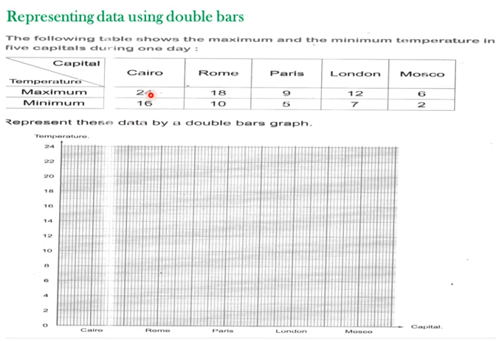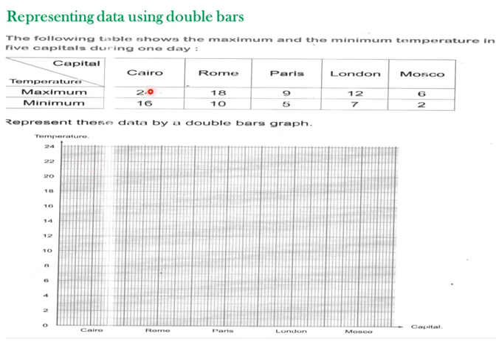How do we represent them? First, represent the maximum in Cairo, 24, and the minimum, 16. We draw the maximum before the heavy line and the minimum after the heavy line.